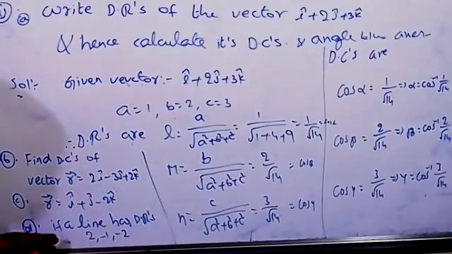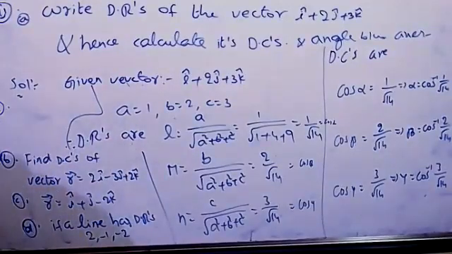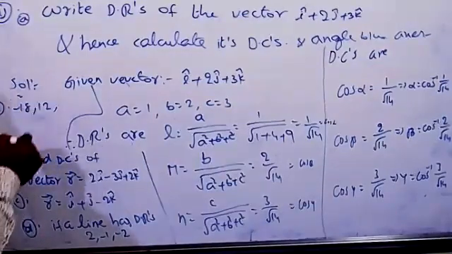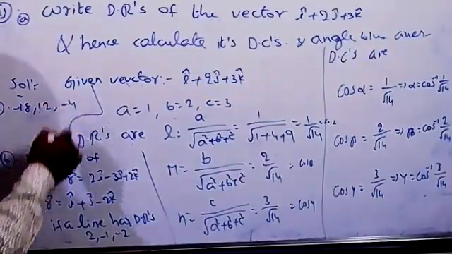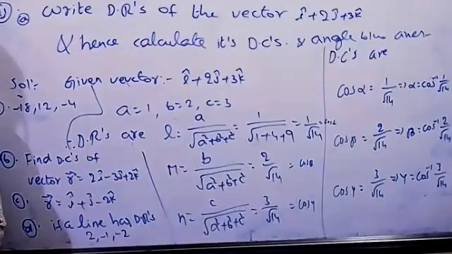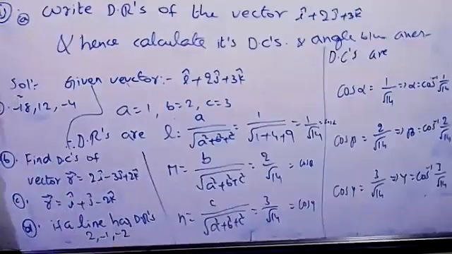And based on this last question number D, if you want other questions also you can take some other numbers. And E, your line has the direction ratios minus 18, comma 12, comma minus 4. Tell me anyone what is the first one answer? If anyone got the first one answer. Anyone?